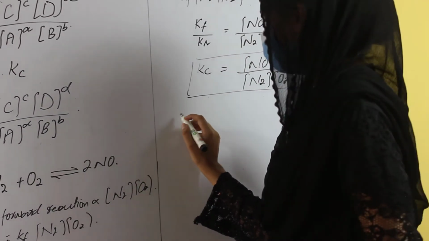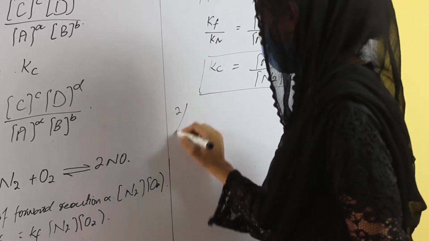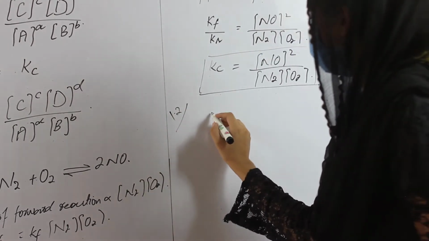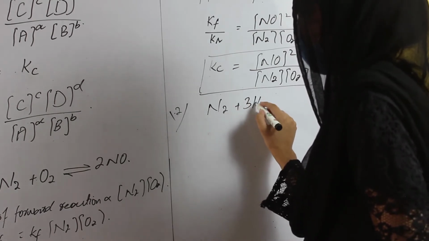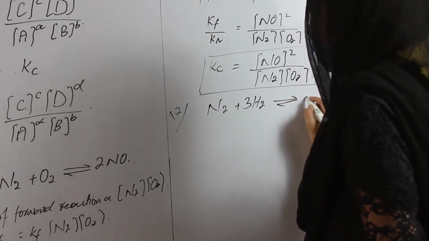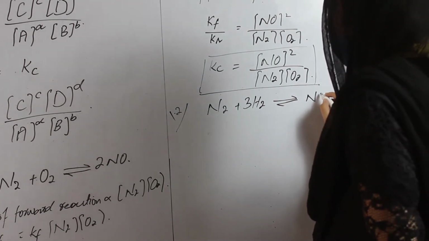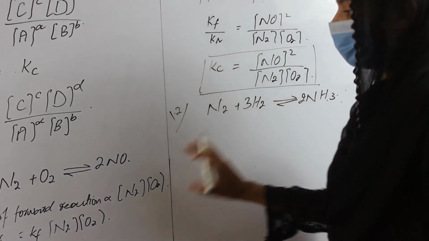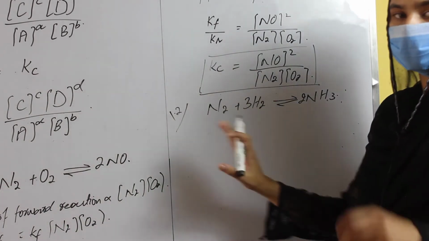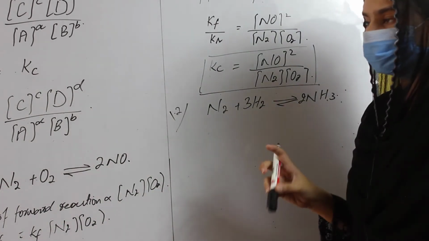The second example is when nitrogen reacts with 3 molecules of hydrogen and forms ammonia gas, 2 molecules of ammonia. It has the same procedure as nitrogen and oxygen gas.